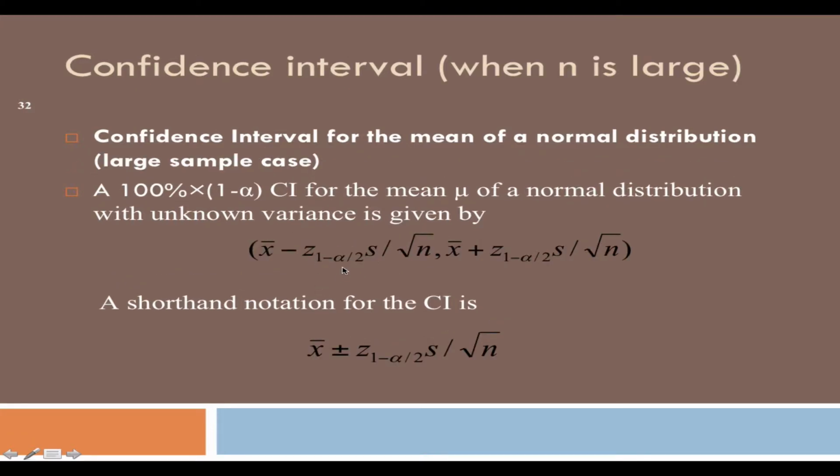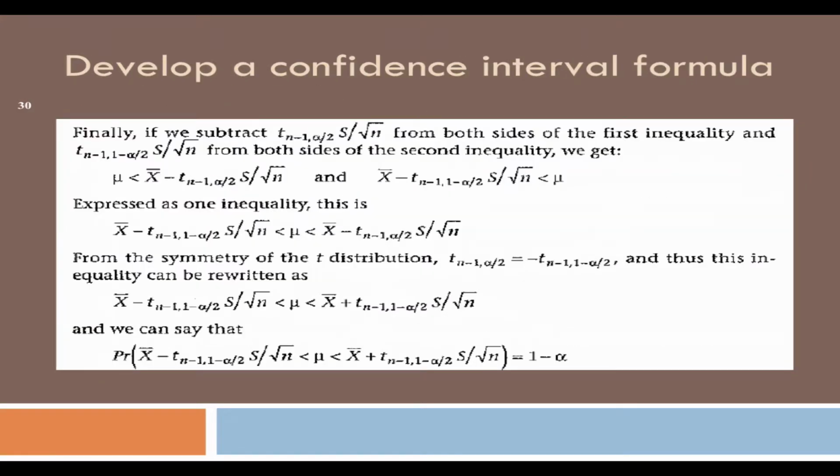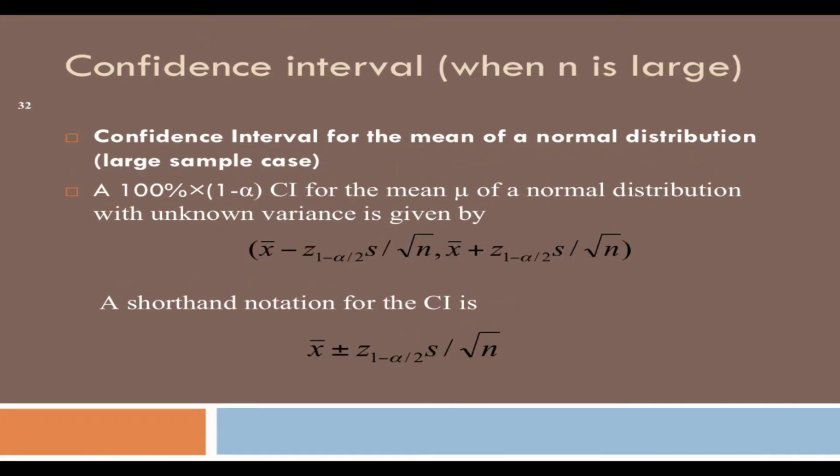That is what we saw in the previous table: if n is large enough, the t quantile is approximately the normal quantile.